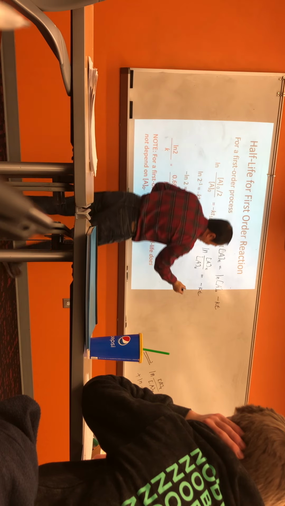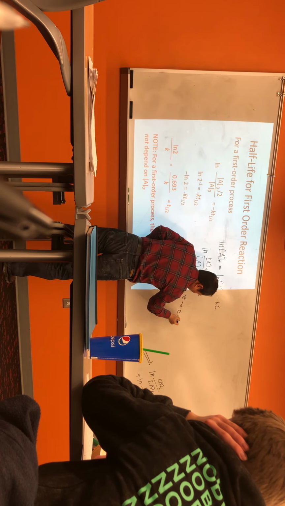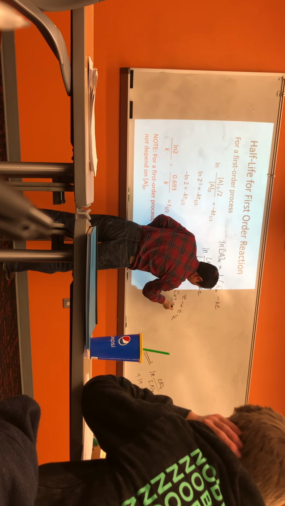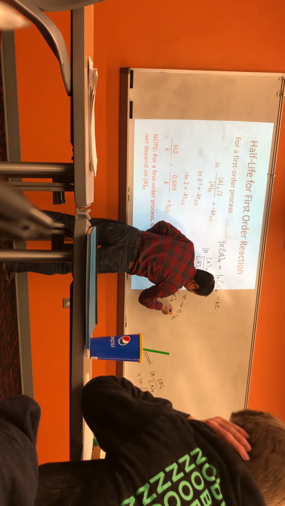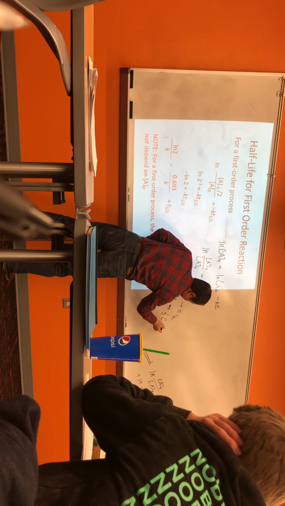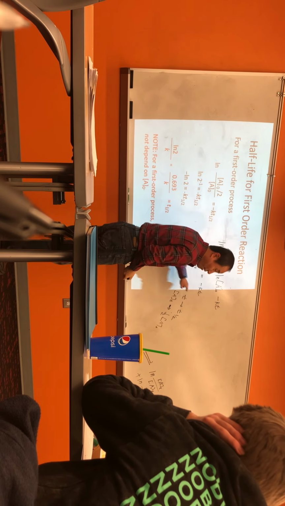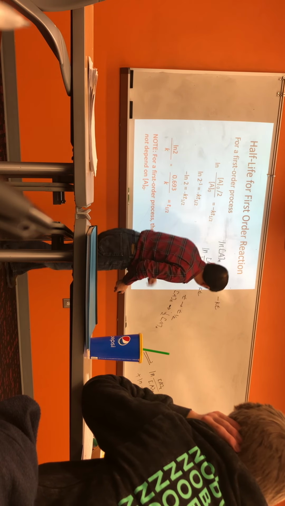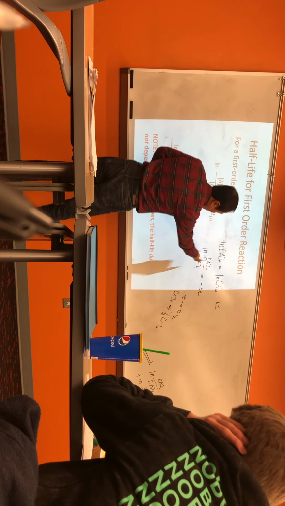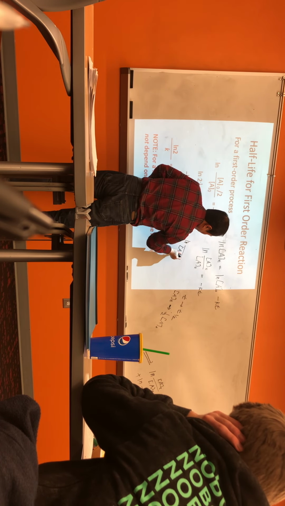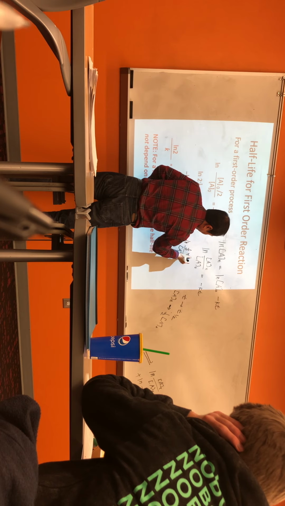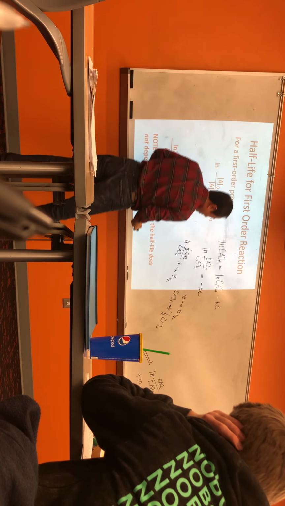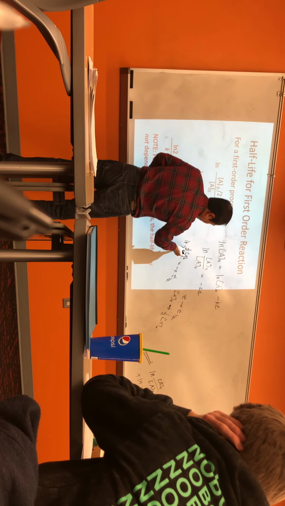So if you wait until the half-life, then your concentration will become half of the original concentration, right? That's the definition of half-life. So if you put this in here, ln A0, and this one is half of A0, and then you waited a half-life, you'll see this will cancel.